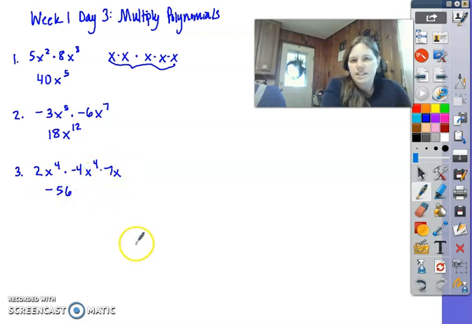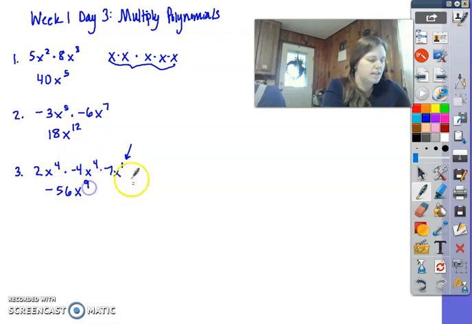Now our x's did some weird stuff. 2 of our x's have exponents that are visible. So x to the 4th times x to the 4th. This guy has nothing on him. So remember, if there's nothing there, your exponent is simply a 1. It might be helpful for you to write that in if you don't see it. So x to the 4th, x to the 4th, x to the 1st gives me a 4, 4, and 1. So 4 plus 4 plus 1 leaves you with x to the 9th.